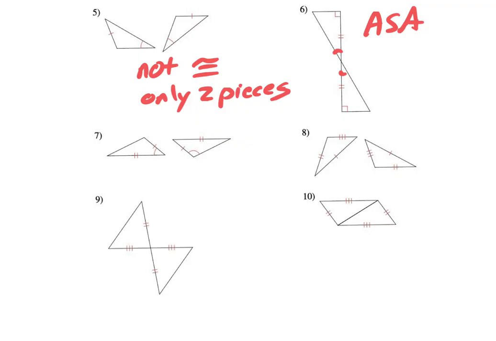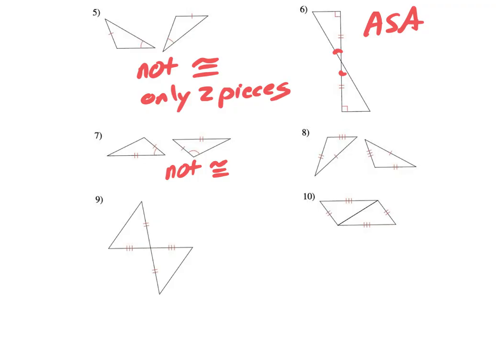No, okay? The angle would need to be right here. It has to be between the 2 sides, okay? This angle is not between the 2 sides. Over here it is. So this triangle is side, angle, side, but this one is not. They both have to be in that side, angle, side relationship, okay? So once again, this one is not congruent. 3 pieces is not always enough, guys, okay? So don't just assume because I have 3 pieces that it's going to be okay.